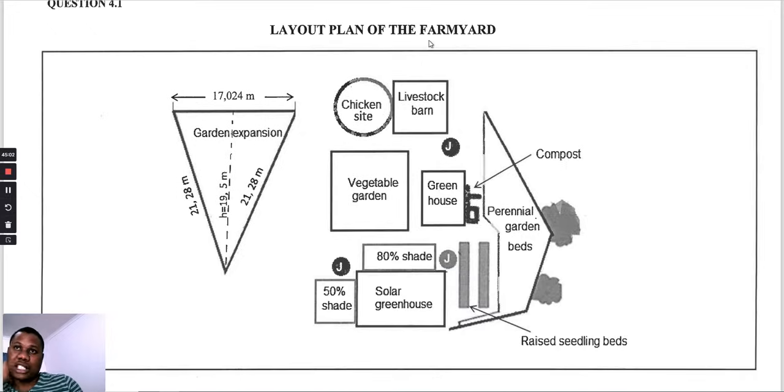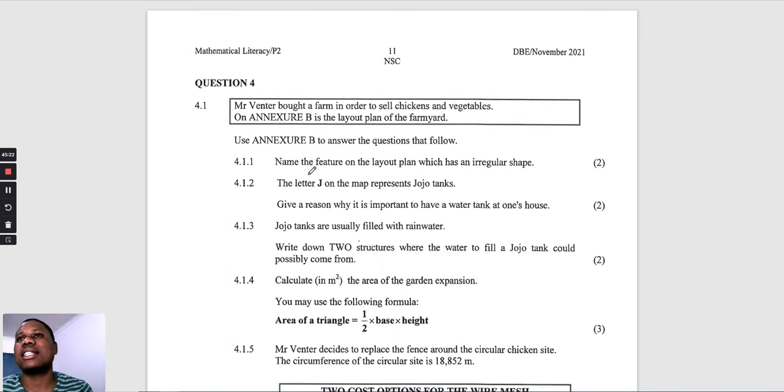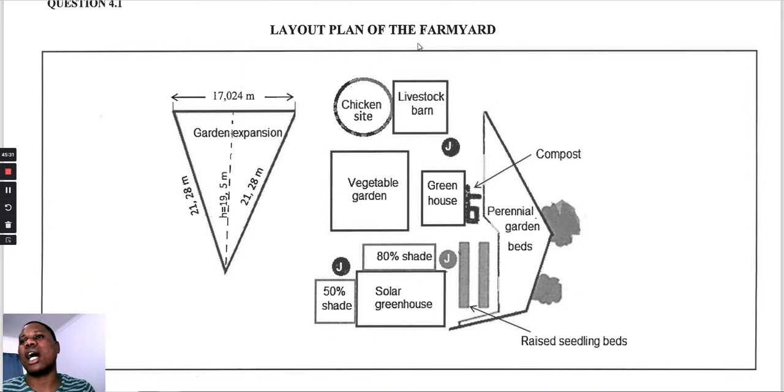Okay, so in the Annexure B, we can see the garden expansion, the chicken side, livestock pen, vegetable garden, greenhouse, solar greenhouse, and we can see the panel garden beds. Okay, and then we can see the raised seeding beds. Now they say name the feature on the layout plan which has an irregular shape, meaning that that shape is abnormal. Okay, so when you look at all of the shapes, we can see that the garden expansion has the shape of a triangle.